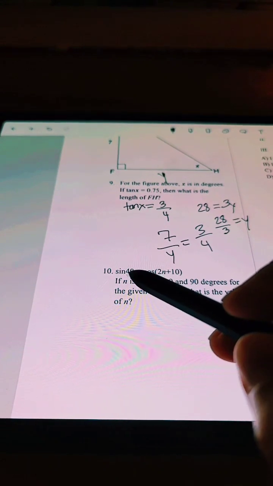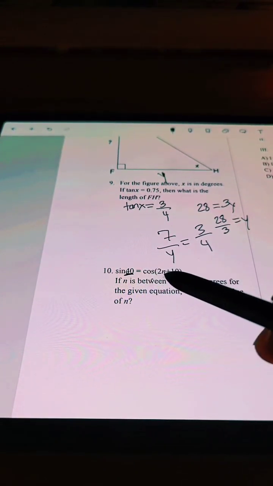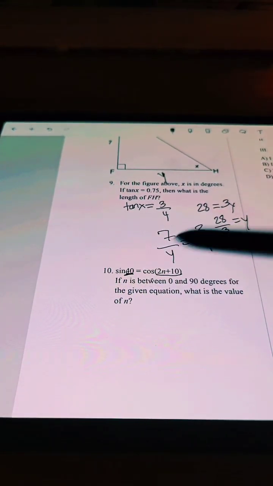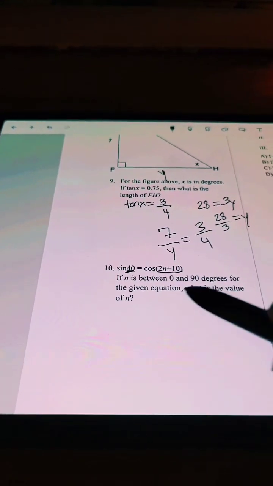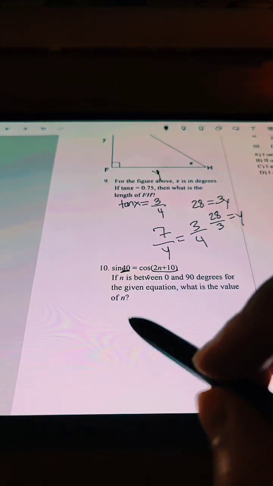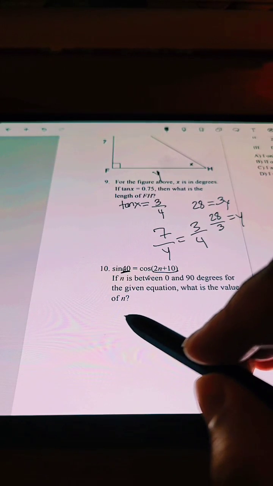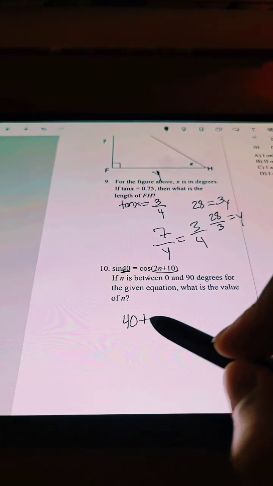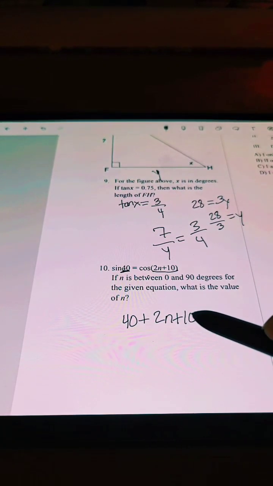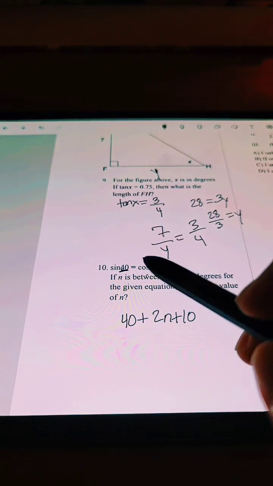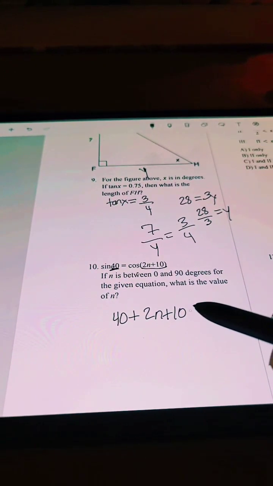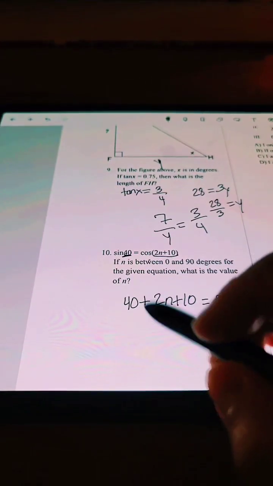So these angles have to add up to 90 degrees. So this has to be 40 plus 2n plus 40 plus 2n plus 10 has to equal 90 degrees.